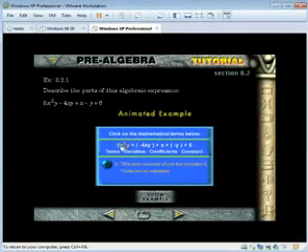The first term is the product of the factors 5, x squared, and y. The coefficient of the term is 5, and the variables in the term are x and y. The second term is the product of the factors -4, x, and y. The coefficient of the term is -4, and the variables in the term are x and y. The third term is the product of the variable x and an understood coefficient of 1.